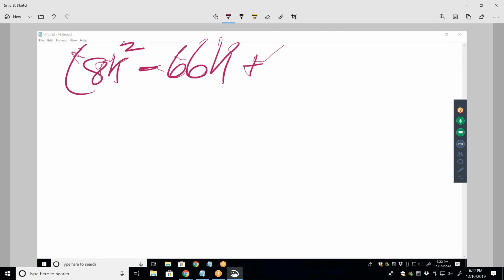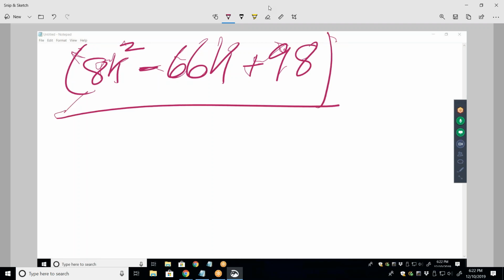Plus negative 8? No, 98. Plus 98? Yeah. Okay. And then end the parenthesis, divided by 2k minus 7. And it says to use long division to find each quotient.